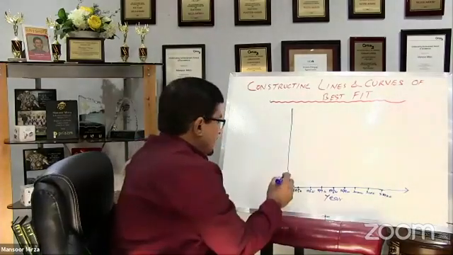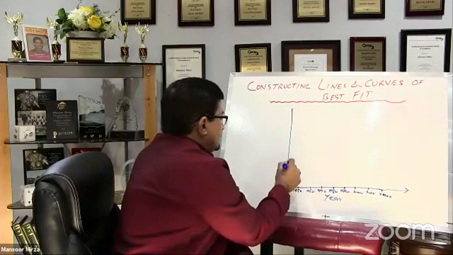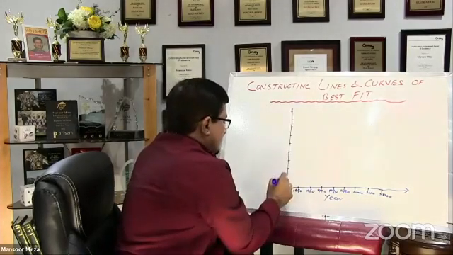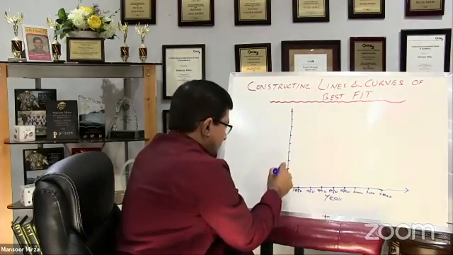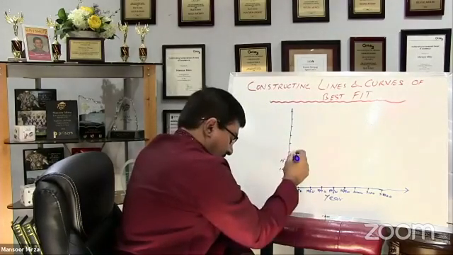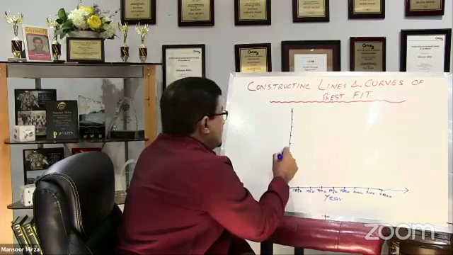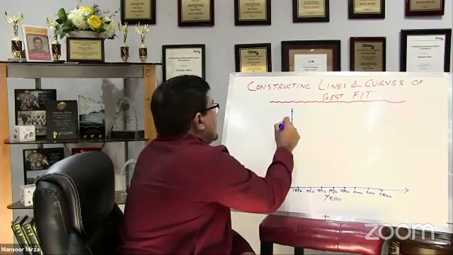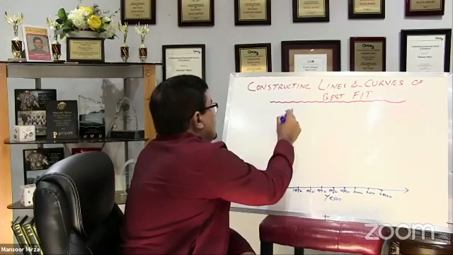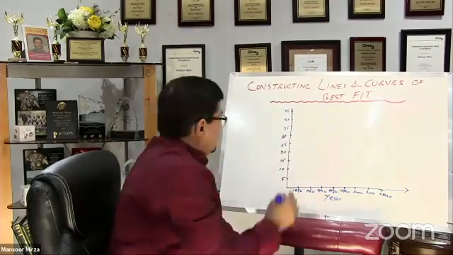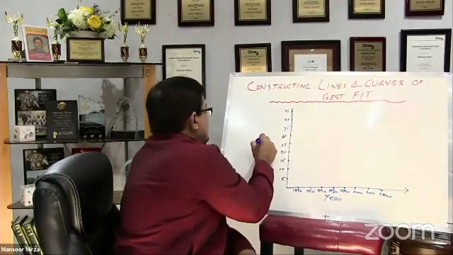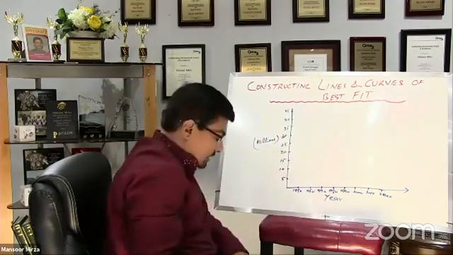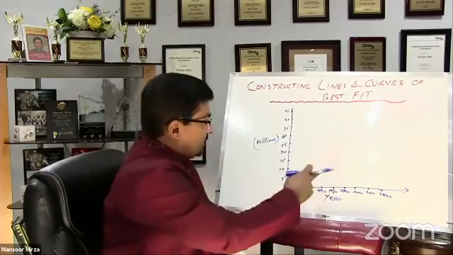On this side, I have 5, 10, 15, 20, 25, 30, 35, 40, 45. This population is in millions, and these are the number of years.